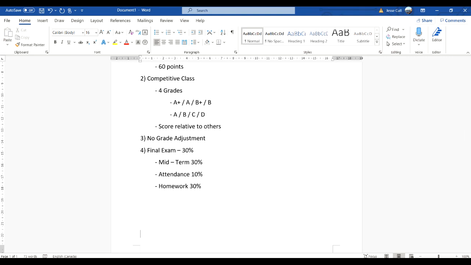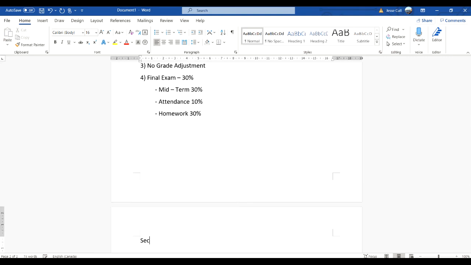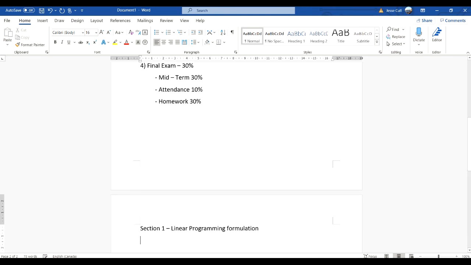As for our final exam, Section 1 will be linear programming formulation. Read the natural language question. Translate to mathematical equations.